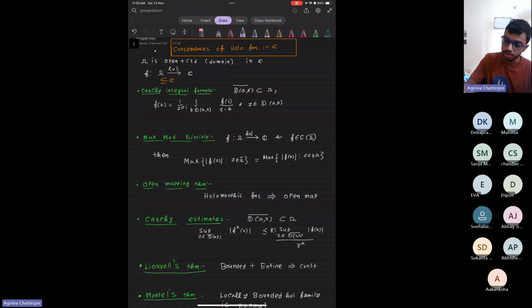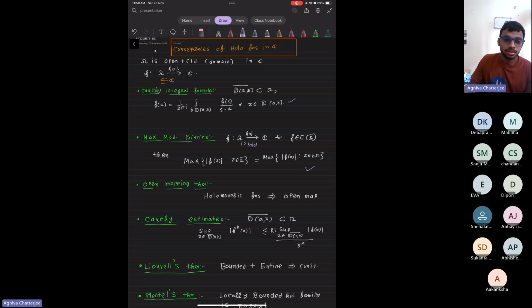An immediate consequence of this formula is the maximum modulus principle, which says that if you have a holomorphic function that is continuous up to the boundary, and omega has to be bounded, by the way, otherwise the maximum may not exist, then the maximum of |f(z)| is the same as the maximum of |f(z)| on the boundary. So the maximum is attained on the boundary.